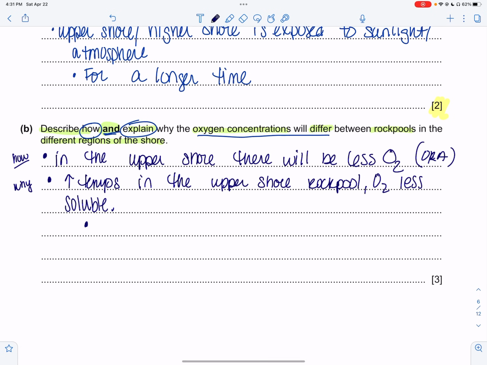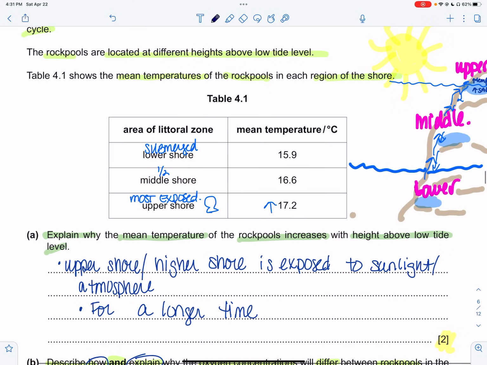Another reason, you're not having waves crashing in the upper shore. When waves are crashing in, they're replenishing that area and those rock pools, even just splashing in there. It's replenishing it with colder water from the ocean, so that it's going to be increasing its gas solubility, and just water that already has gases dissolved in it.